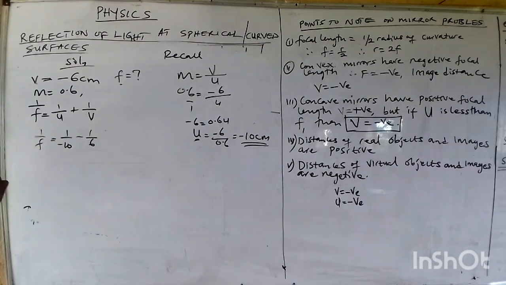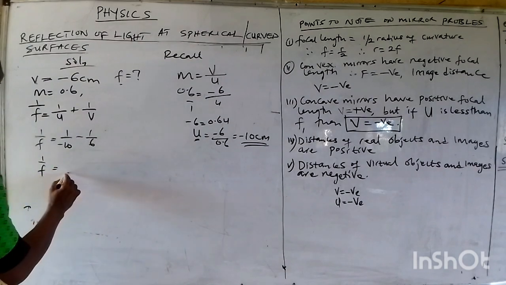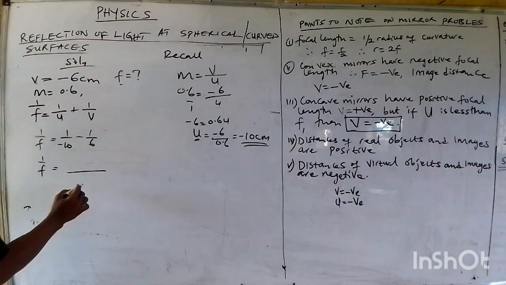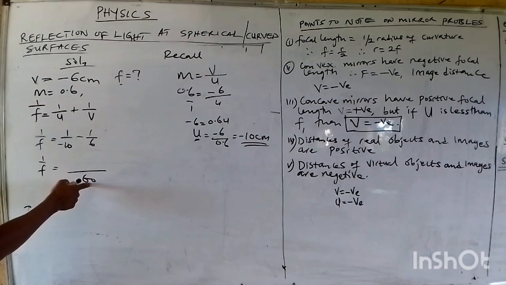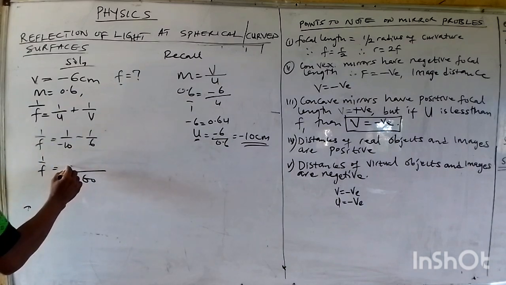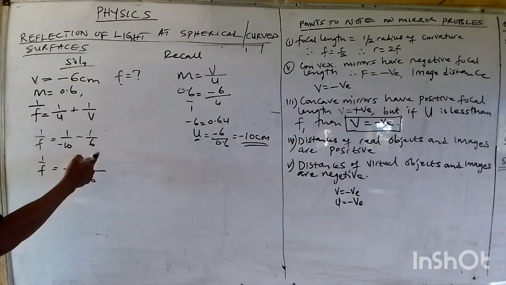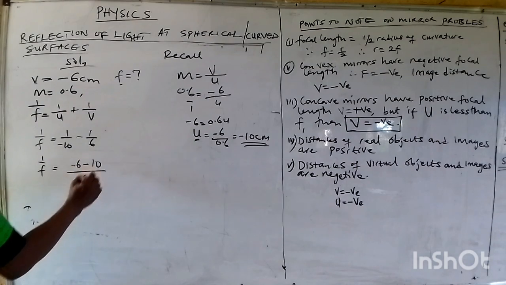So we proceed with this. 1 over F is equal to, LCM of 10 and 6 will give us 60. 10 divides 60 will give us 6. 6 times minus 1 will give us minus 6. You retain your minus here. 6 divided into 60 will give us 10.